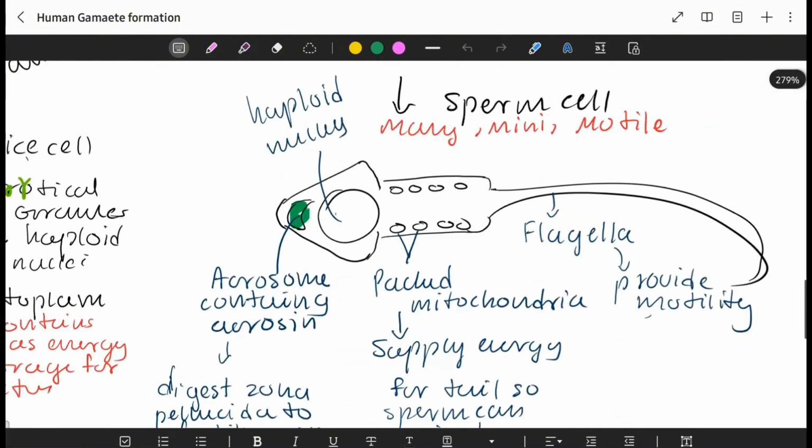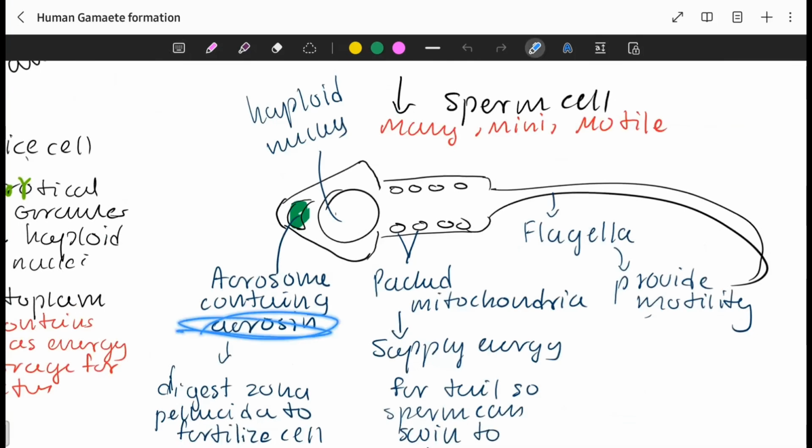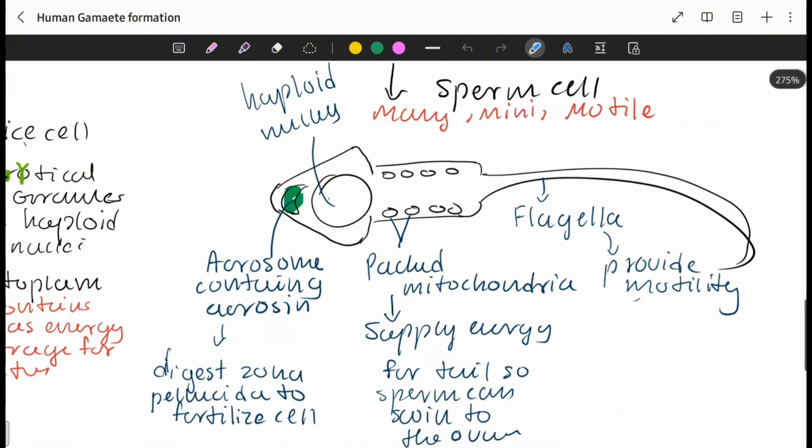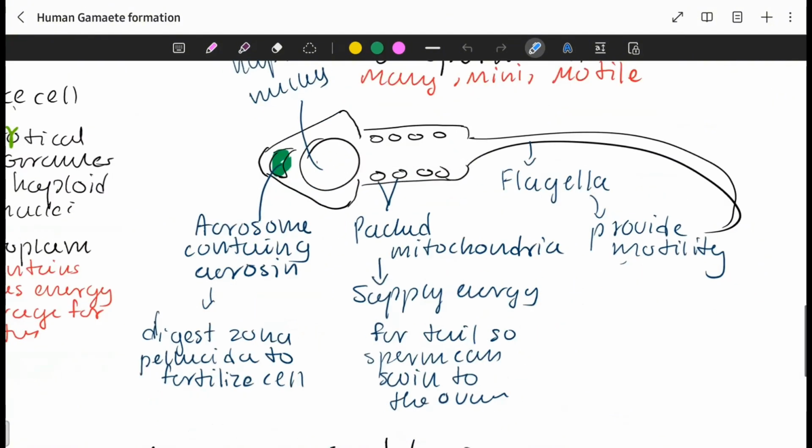The middle part has mitochondria, which basically supply energy to the tail, so that the tail can swim to the ovum. It's motile, so it can swim to the ovum, and that's why it needs energy. So that's where the energy comes from.